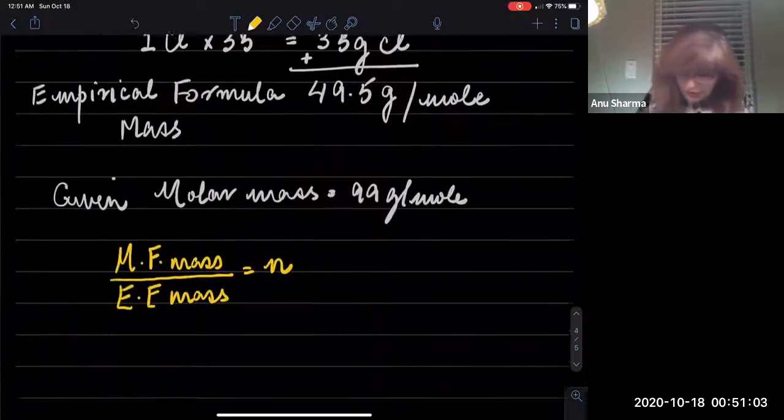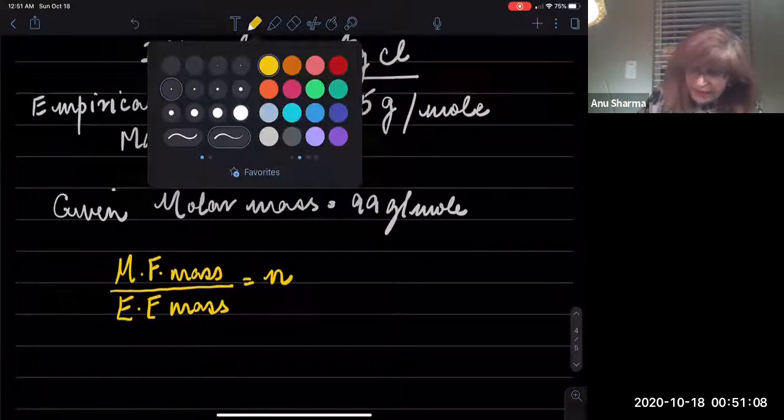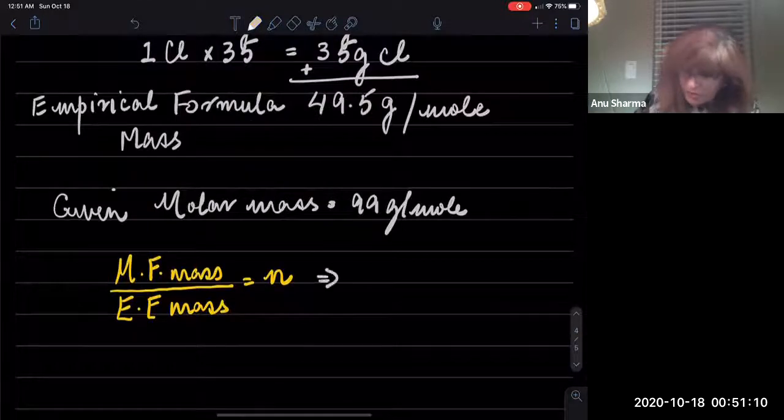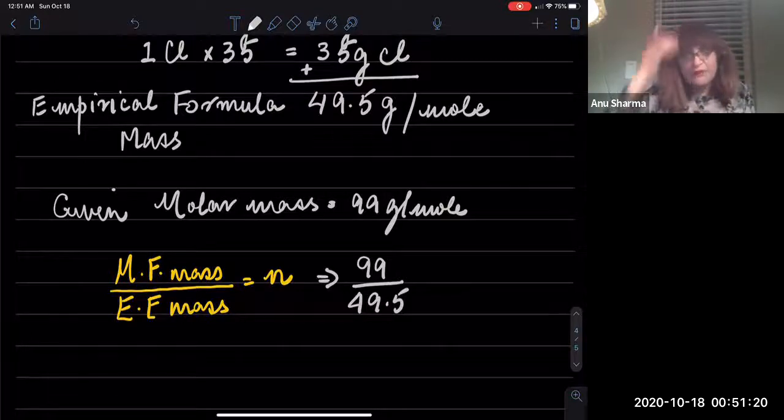Now just plug in the numbers: molecular formula mass 99, empirical formula mass 49.5.